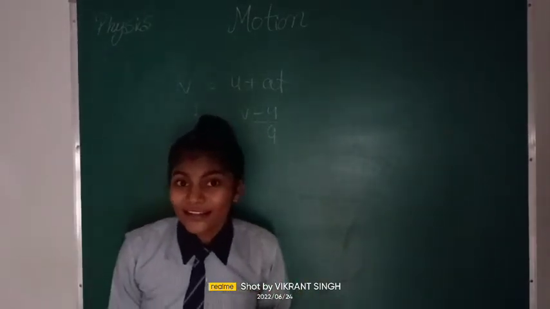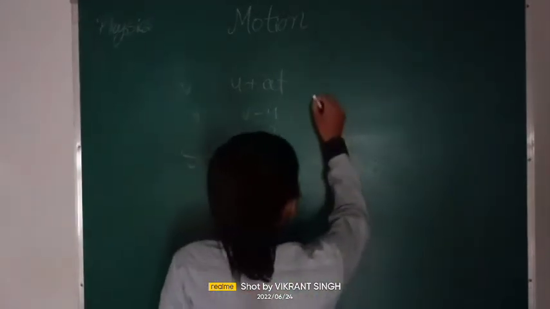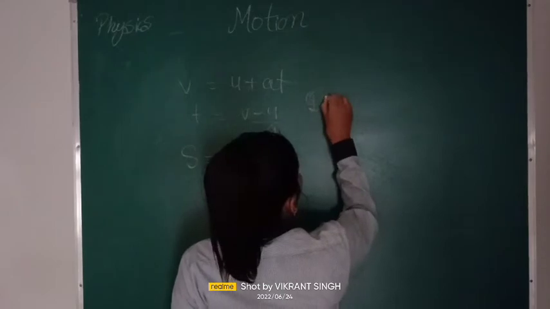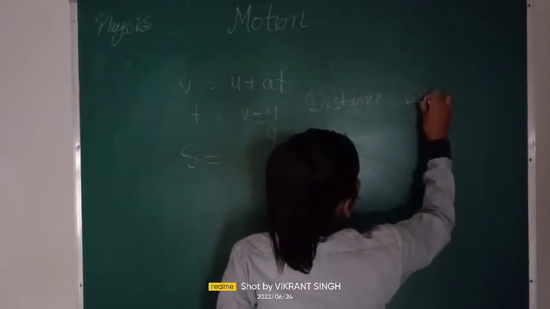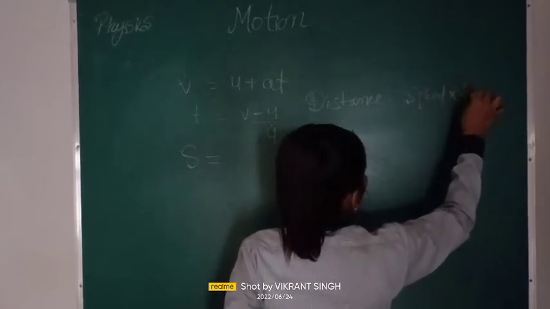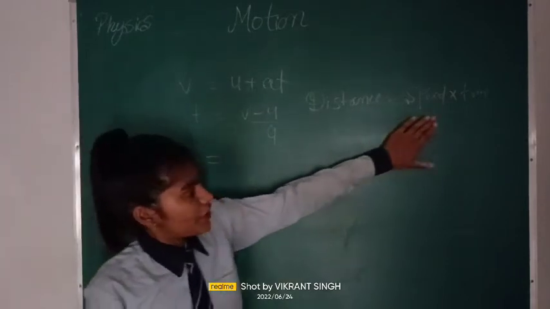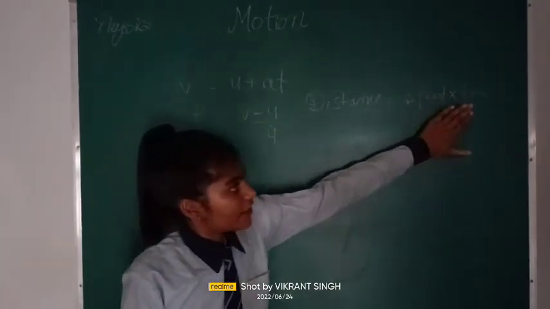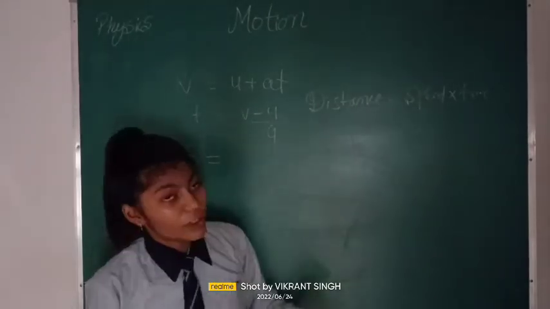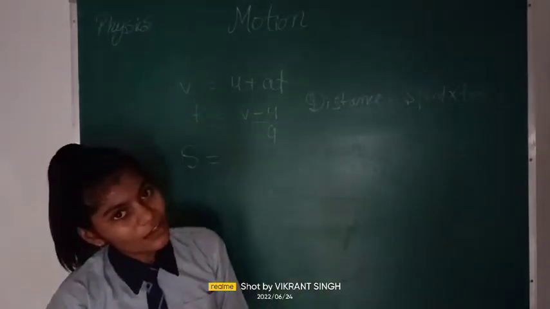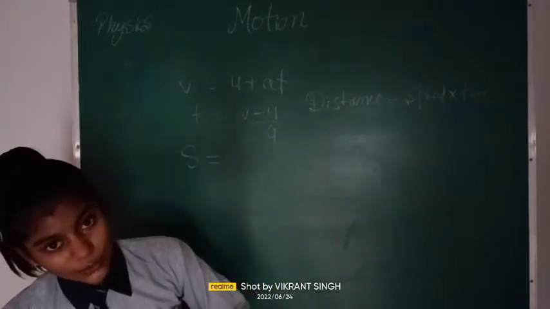We know from our early classes that distance is equal to speed into time. In this case, speed is also velocity, and time t. So s, distance, is equal to velocity times time. What is the value of average velocity? We find that it is v minus u upon t.